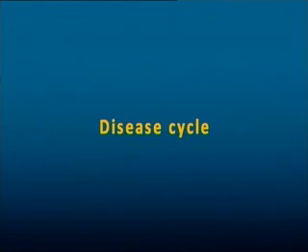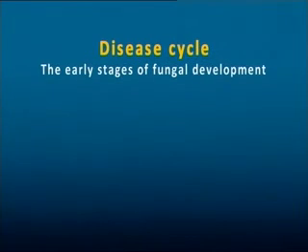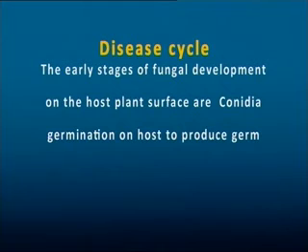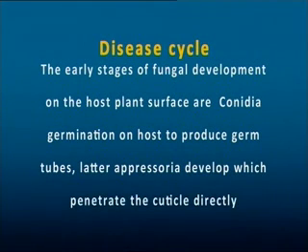Now, the disease cycle of this pathogen. The early stages of fungal development on the host plant surface are germination of conidia on the host to produce germ tubes, which later on form appressoria for penetrating the cuticle directly.